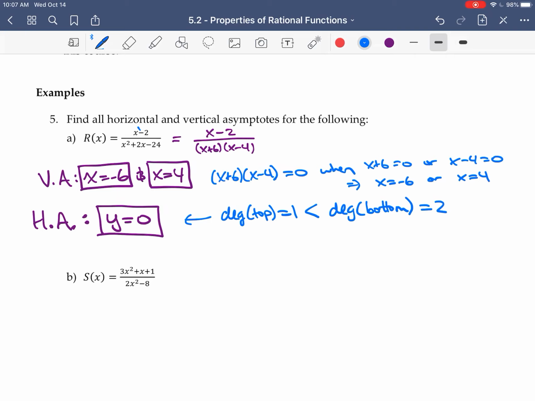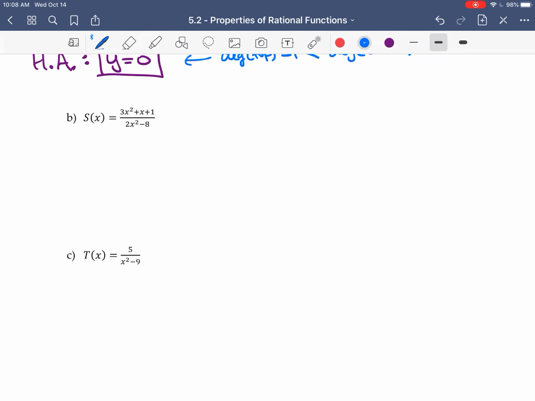Because the degree of the top is less than the degree of the bottom, we get the horizontal asymptote at y equals 0. I'm going to leave parts B and C for you to try. And that is all we're going to talk about for now for the properties of rational functions. In the next section, we're going to take this further and actually try to use these properties to sketch the graph.